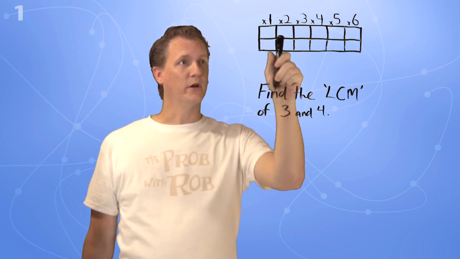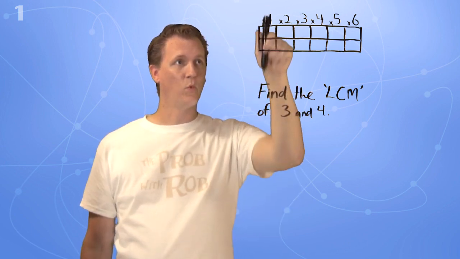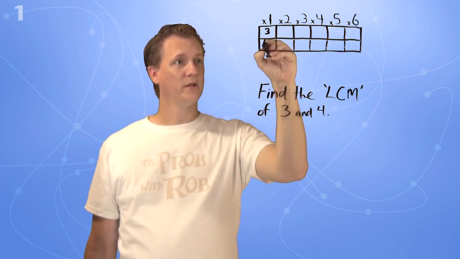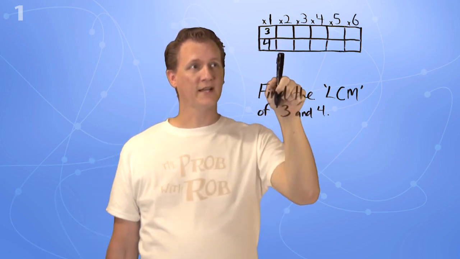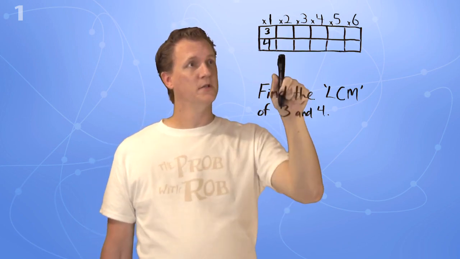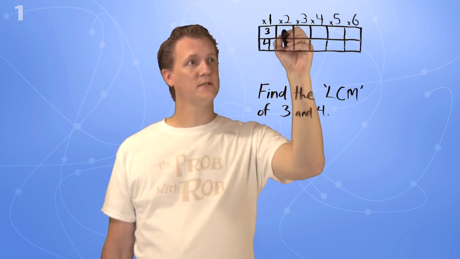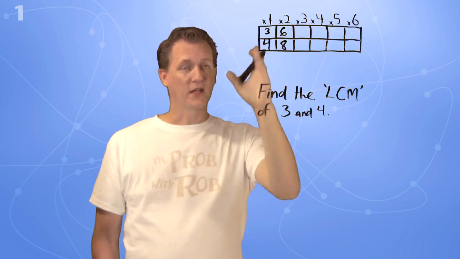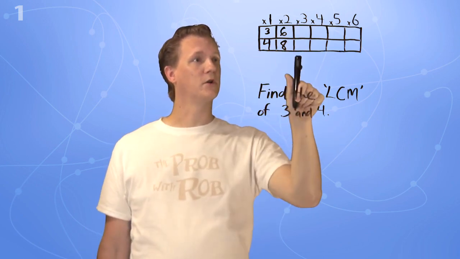So we're going to do it in order. First column is 1, so 3 times 1 is 3. 4 times 1 is 4. Then we move on to the next column, the next multiple. So 2. 2 times 3 is 6. 2 times 4 is 8. And there's nothing in common yet. They're not the same. So we just keep going. We move on to column 3.